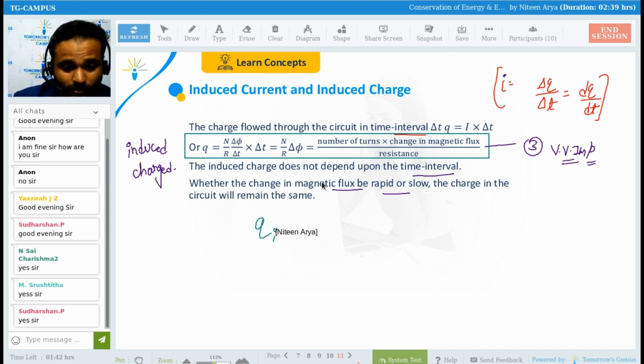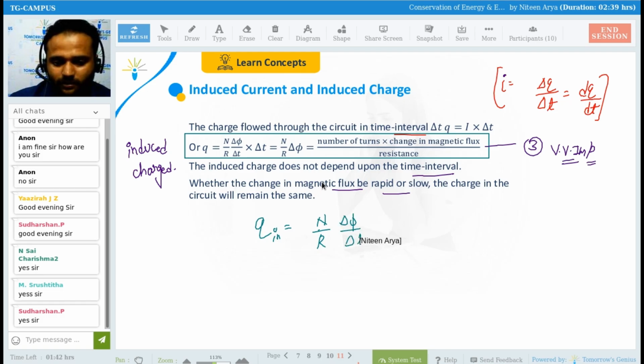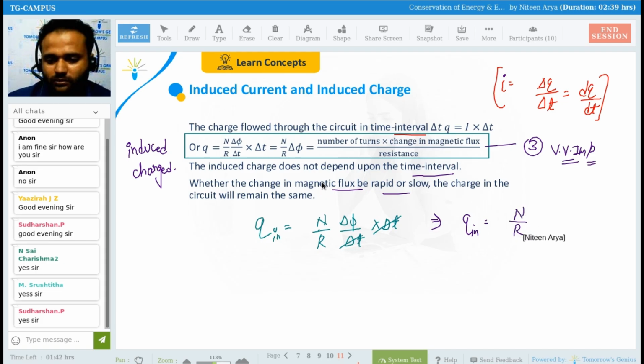Q induced, I'm going to write Q for induced from now: N by R, del phi by del T into del T. Del T cancel each other.